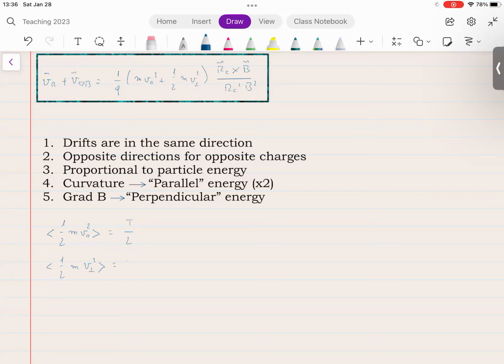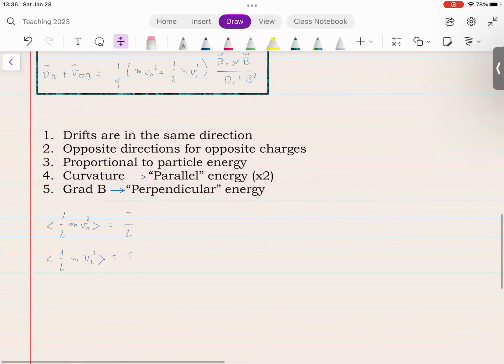Now, be careful with this part. You've all taken statistical mechanics. This is going to be T and not, sorry, not T over 2. So it's going to be double that.